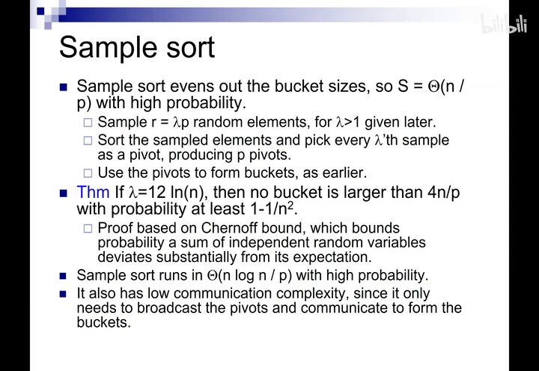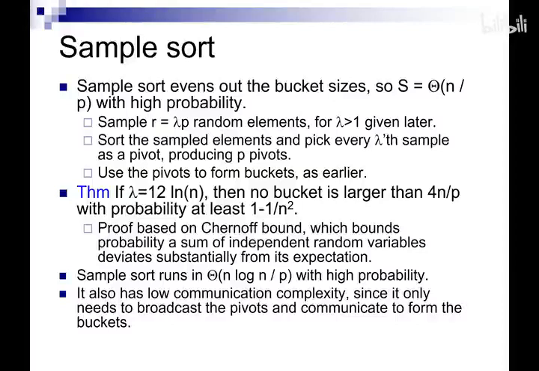I'm not going to get into the proof of this. The proof uses something called Chernoff bounds. Chernoff bounds are a very useful technique in the analysis of randomized algorithms, and it basically lets you bound the probability that when you add a bunch of independent random variables together, you expect that the sum is going to be equal to the expectation.